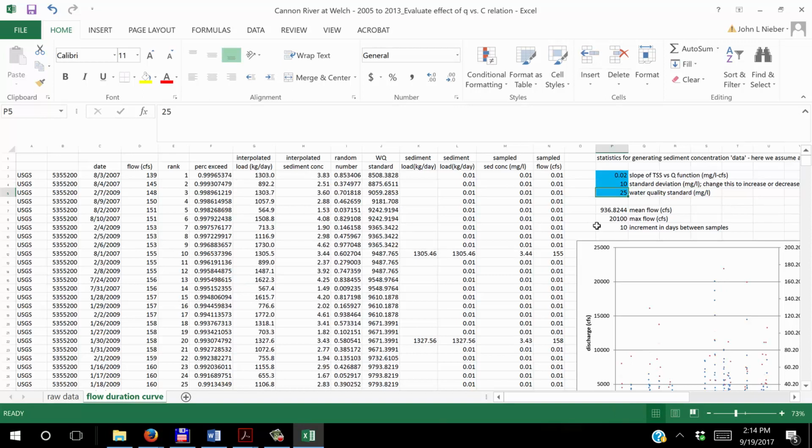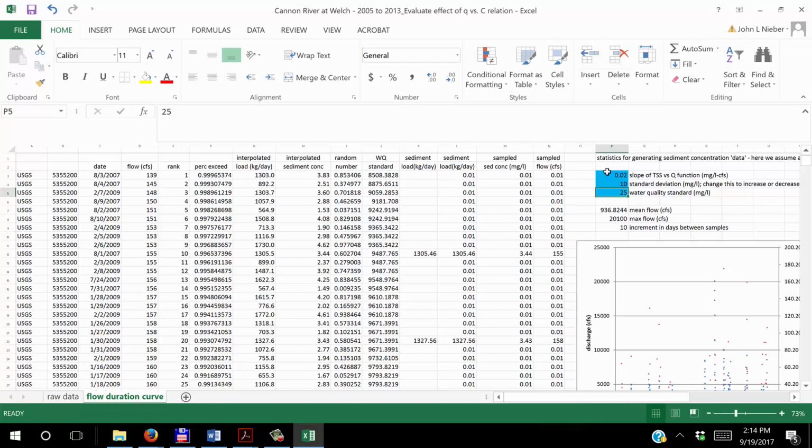All right, so because there is no perfect relationship between TSS and Q, generally there's some randomness. It's not a perfect straight line, it's not a perfect nonlinear line or anything like that. There's some randomness around a best fit line. I'm basically generating the sediment data for any particular date using a random number generator.